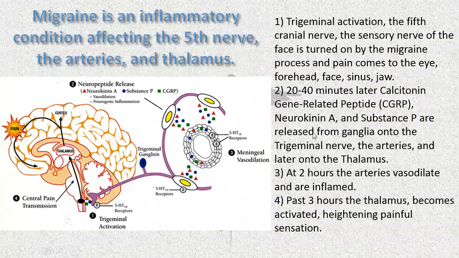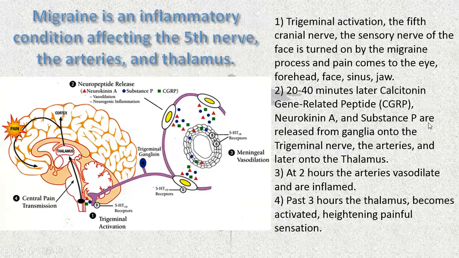So the stages of migraine initiation typically are a process that seems to take several hours, which is why migraine headaches typically last for hours. For some reason, and this is the bit that's very fuzzy and related to whatever an individual patient's triggers are, the fifth cranial nerve, the trigeminal nerve, gets overstimulated somehow. And so you start to develop some kind of pain through the face and so on.